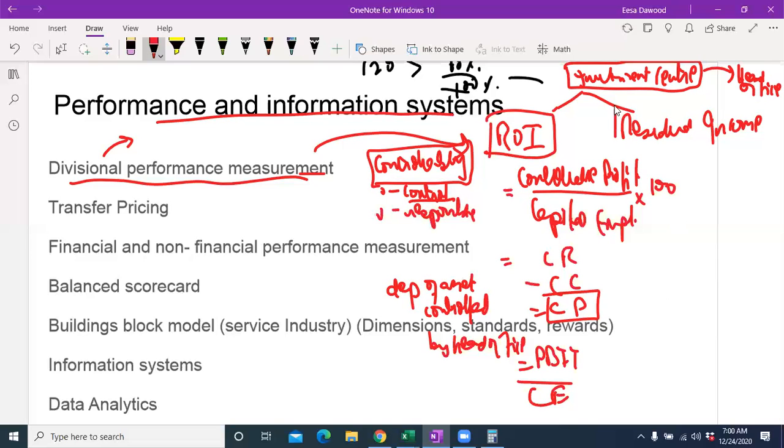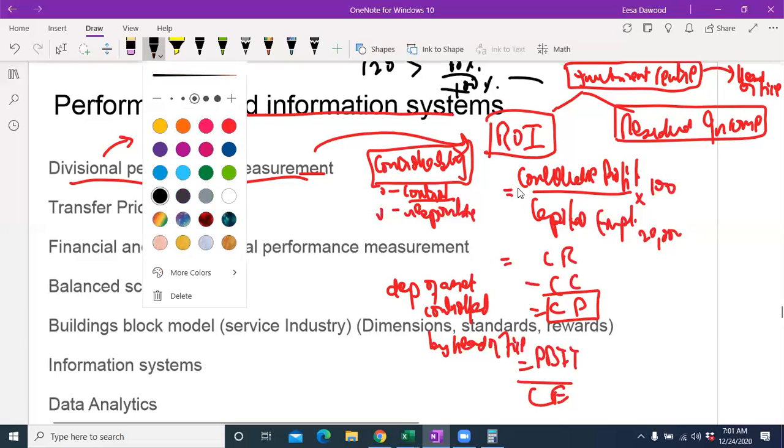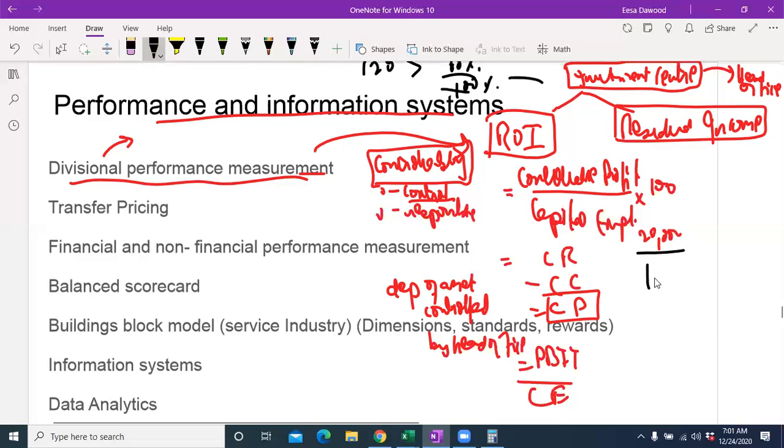Okay, the other one is residual income. First, what are the advantages of ROI? ROI is a relative measure. It relates profit to the size of the investment. For example, profit was 20,000 and the investment was 1 lakh, so I can see the return on investment was 20%. That was one division.